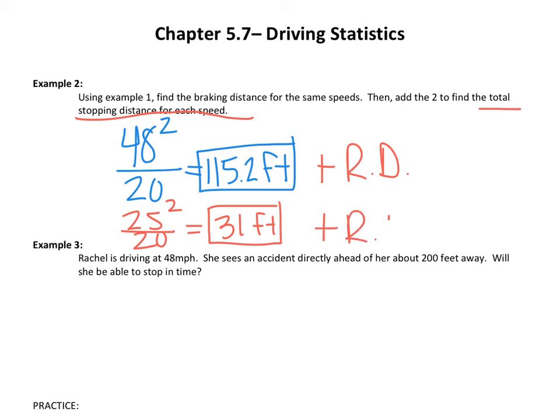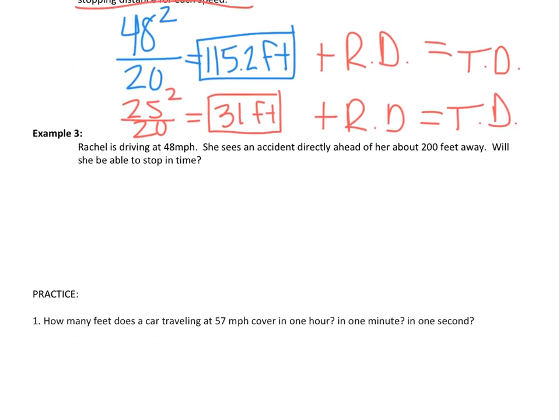Add the reaction distance to get what we call the total distance. Okay. Total distance is your reaction time plus the braking time. And that's the total distance you're going to travel. So let's look at that. Example 3.